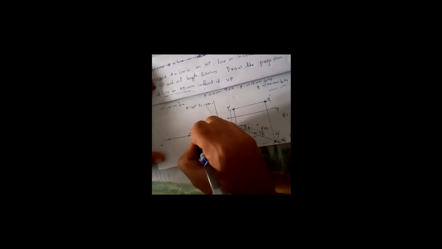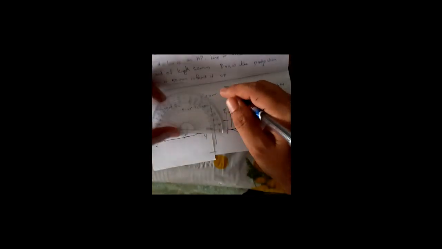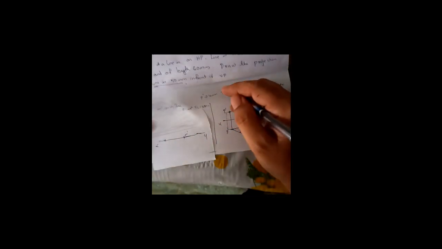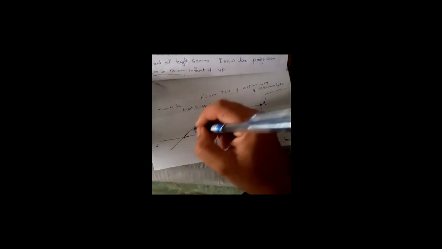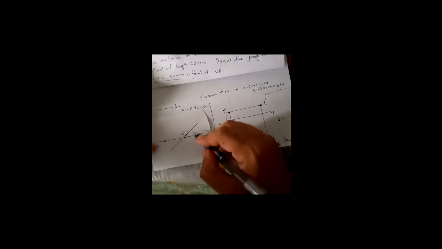So from M dash, by using a protractor, take 40 degree and draw a line for the measured 40 degree. Now we know that this line is the true length with the true inclination, and the other is the shortened length parallel to XY line.